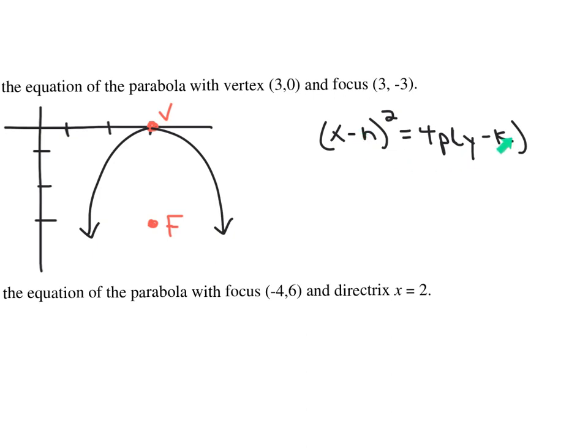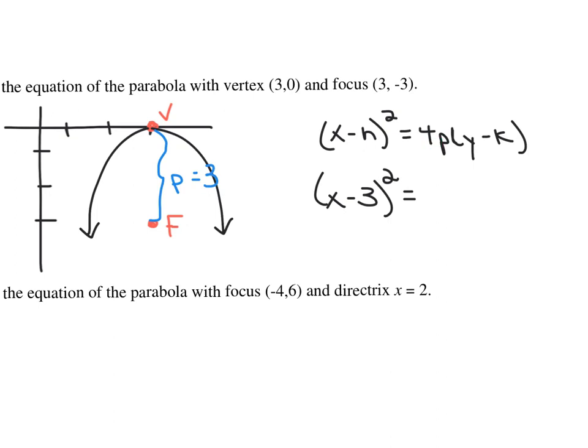The h and the k are going to come from your vertex, which is given to us as 3, 0, and the p-value, you may remember, is how far the vertex is from the focus. So if you can count that, then you have your p-value. So this one would be x minus 3, since your h value is 3, 4 times the p-value, which is 3.